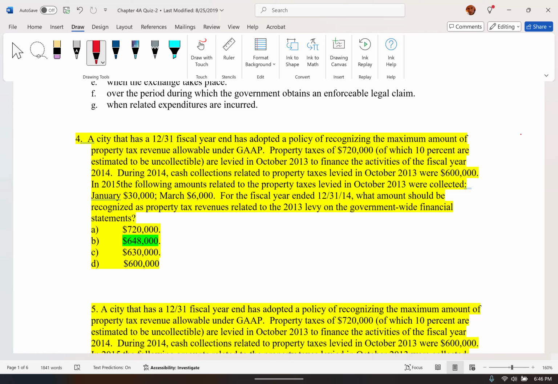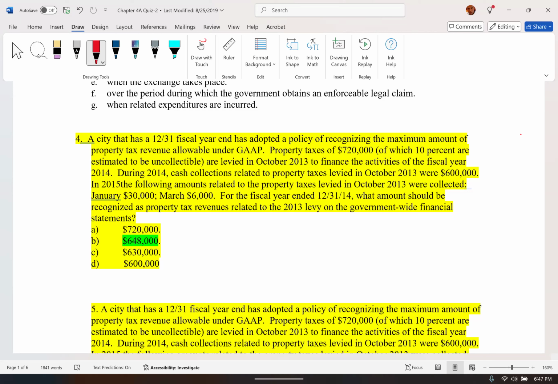Guys, that's somewhat of a weird phraseology trying to get you into thinking that the 60 days is required by GAAP. It is not required by GAAP, but most entities use 60 days. So again, for our purposes, let's always use 60 days. Just keep that in our head as the criteria for modified accrual.